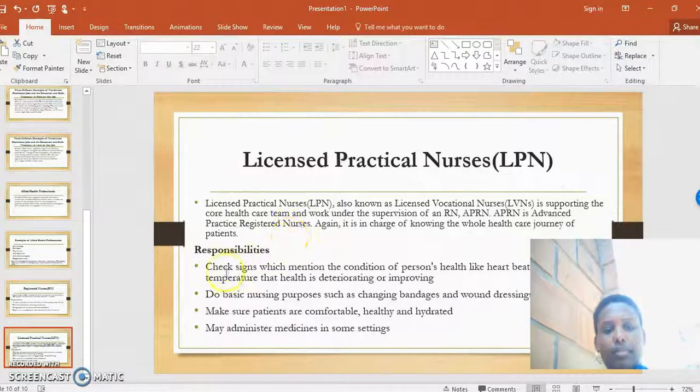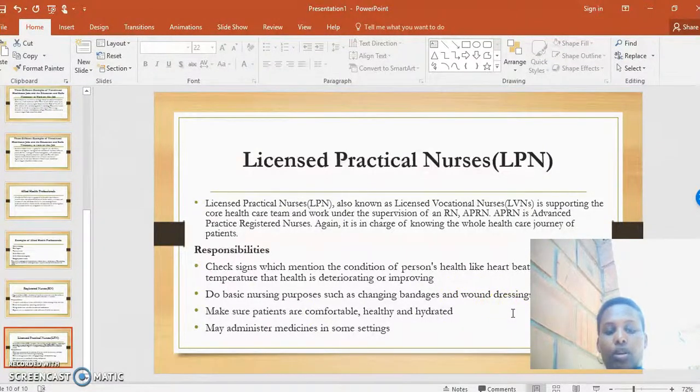It also has different responsibilities. Check signs which show the condition of a person's health, like heartbeat and body temperature, to see whether health is deteriorating or improving. The next, do basic nursing tasks such as changing bandages and wound dressing.